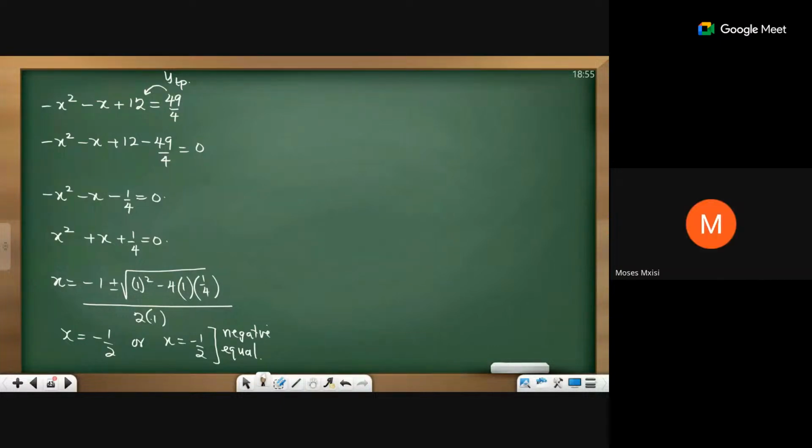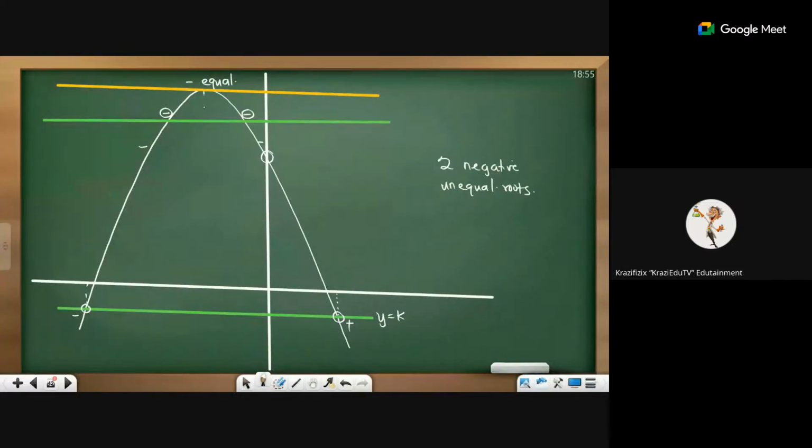Oh, they are both negative. No, they are not just both negative. The values are also the same. Do you know where that negative half is? Look at that. Turning point. So at that point, it's both negative and equal.